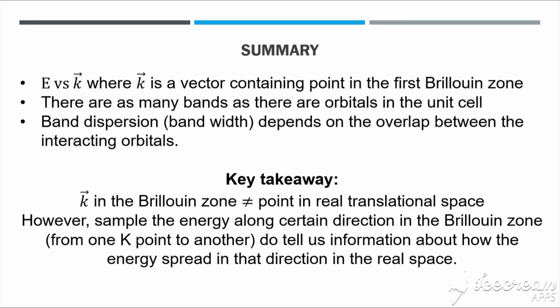And the key takeaway that I think is the most important to me is that the k vector in the Brillouin zone is really different from a point in real translational space. k represents the phasing of the orbital in a direction that corresponds to a direction in real space, not a point in real space. And that's what I want you to take away from my presentation.